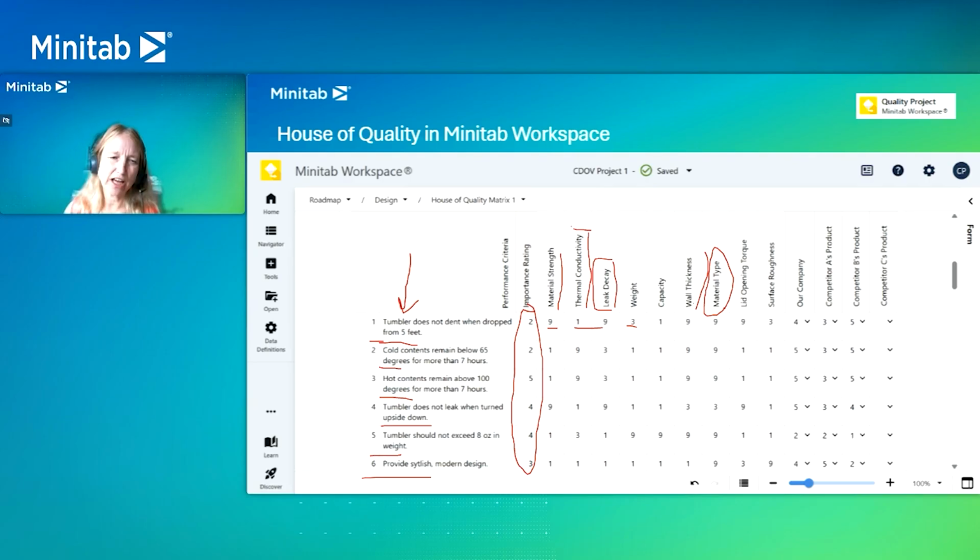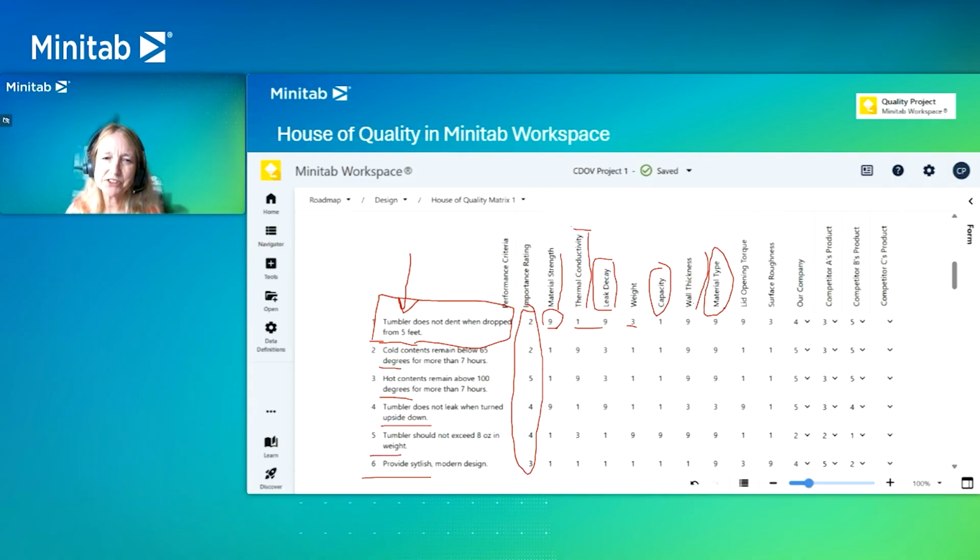So we're saying, okay, material strength gets a 9 when it talks about the tumbler does not dent when dropped from 5 feet. That has a lot to do with material strength, right? It may have a little less to do with the capacity of the tumbler. So we're tying these performance criteria in terms of how we're designing the product to the actual criteria that came in from the customer and which ones relate to which.